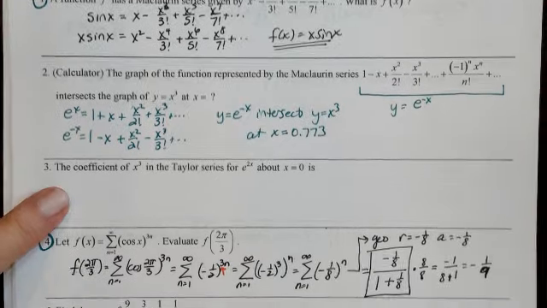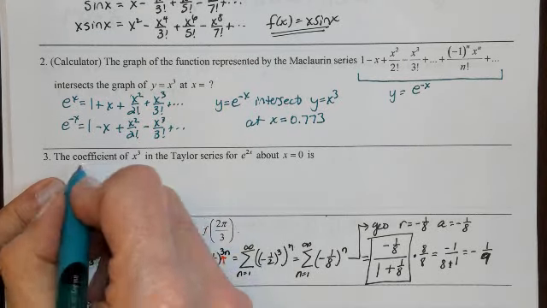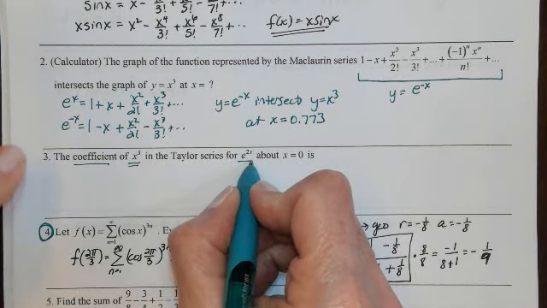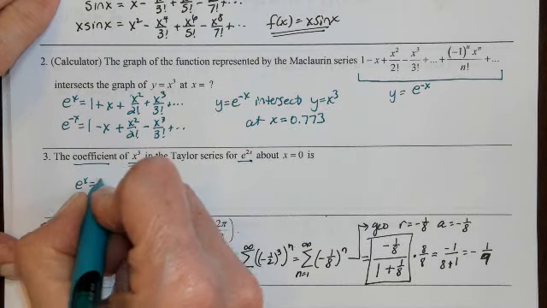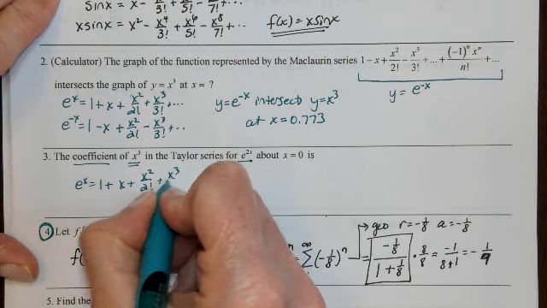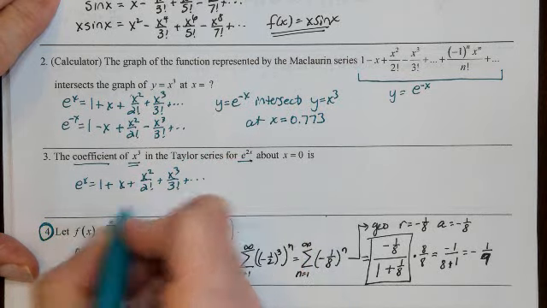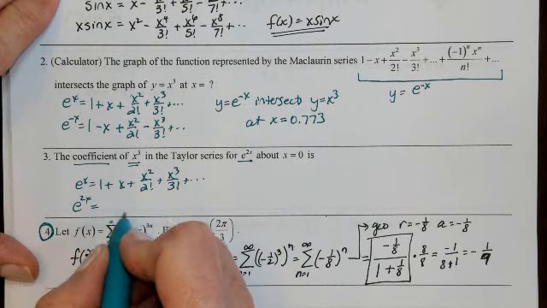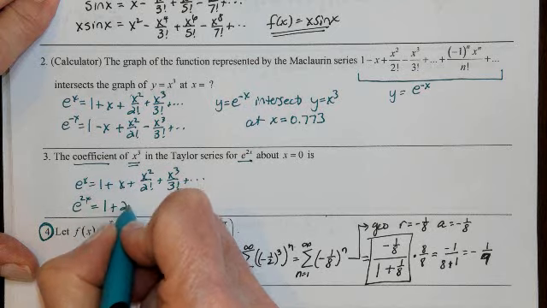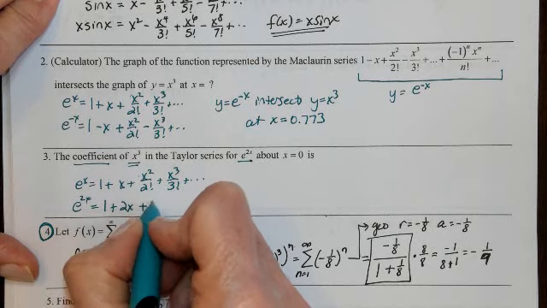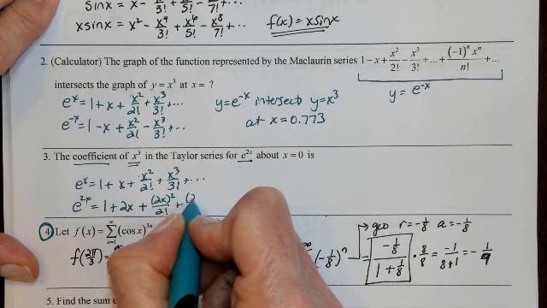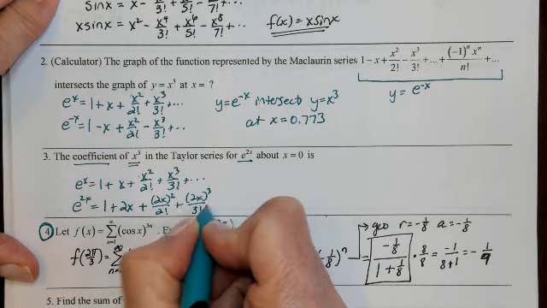Okay? Number 3, the coefficient of x cubed in the Taylor series for e to the 2x. Well, e to the x is this series. So for e to the 2x, I'm going to replace every x with 2x. 2x squared over 2 factorial. 2x cubed over 3 factorial.